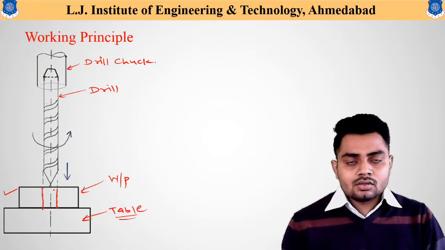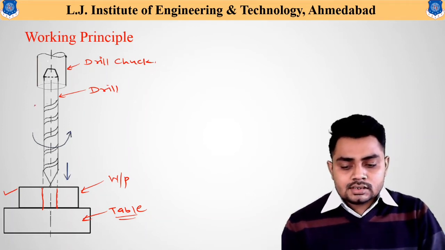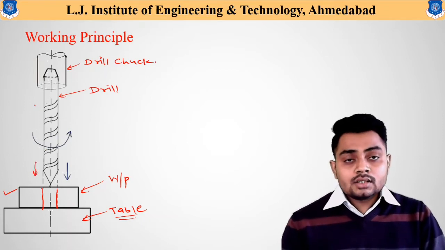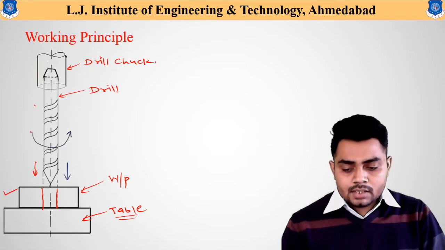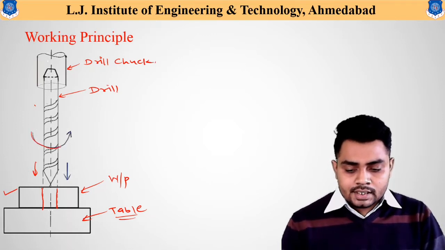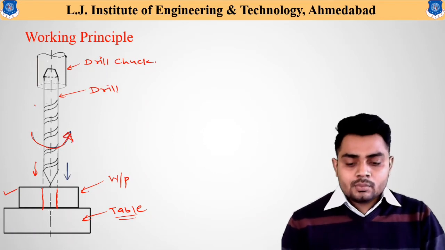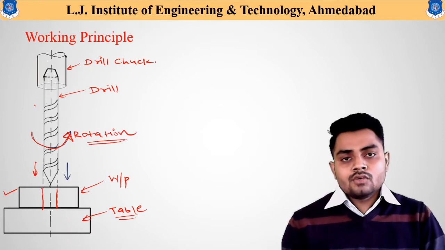So to generate a hole, what is the first thing required? We must move this drill bit towards the workpiece, and the rotation of the drill bit is most important. That means the primary motion, the rotary motion of this drill bit, is most important for the removal of material.